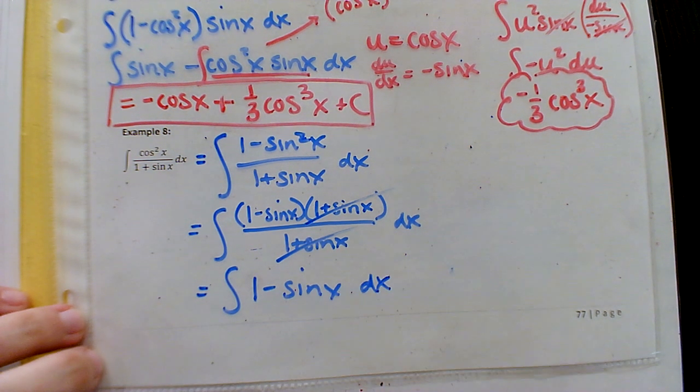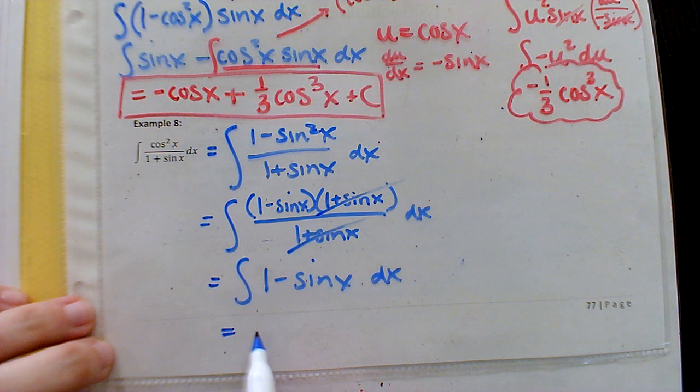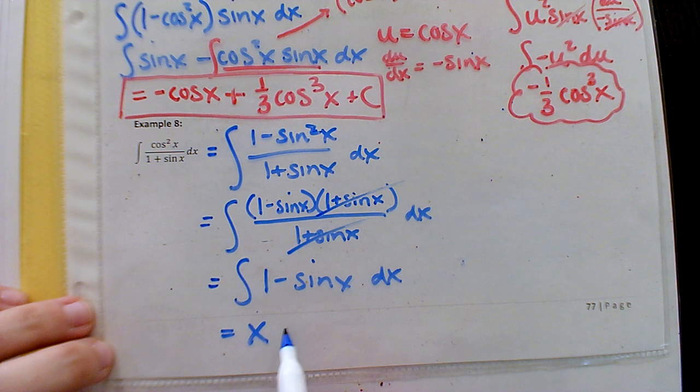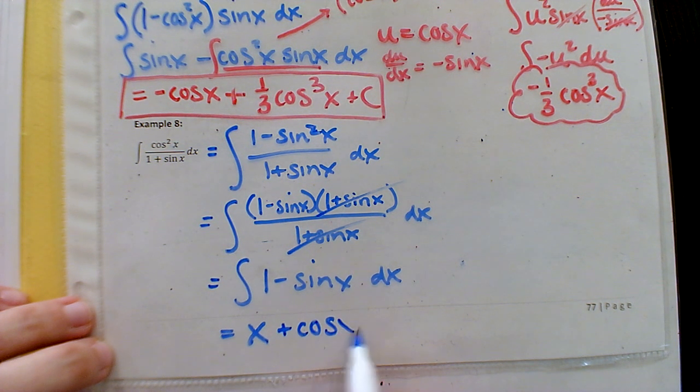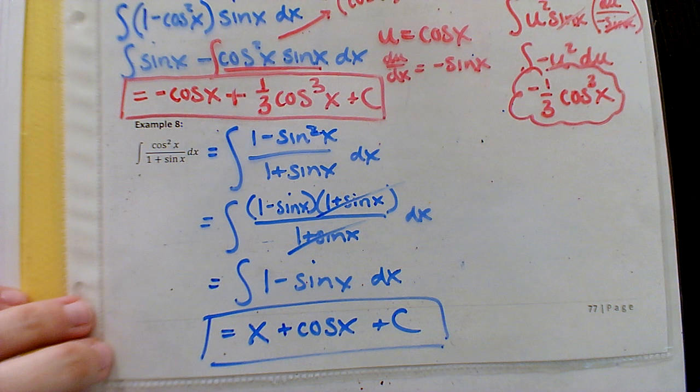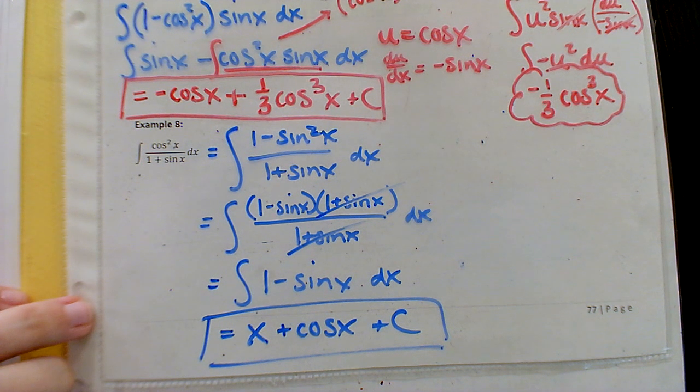All right. Backwards from 1, antiderivative, we got x. Backwards from sine, negative cosine, but you need to subtract that, so that would change to a plus. And we don't know the bounds. There we go.